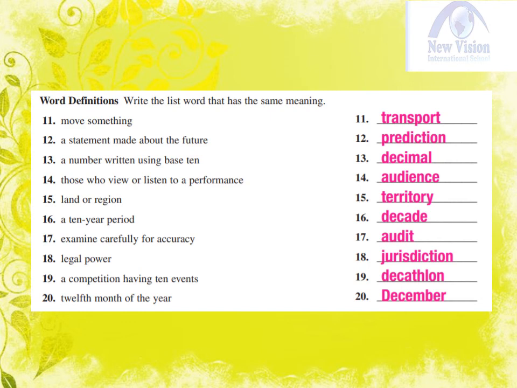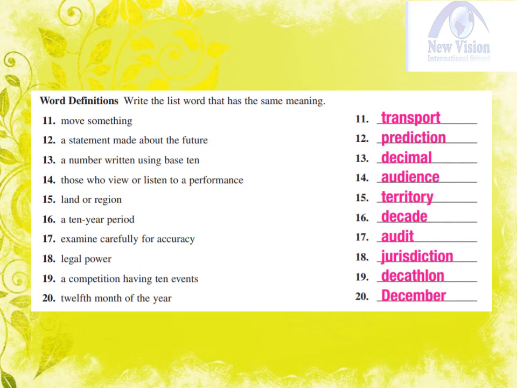Number 14. Those who view or listen to a performance is the audience. Number 15. Land or region is the territory. Number 16. A 10-year period means a decade.